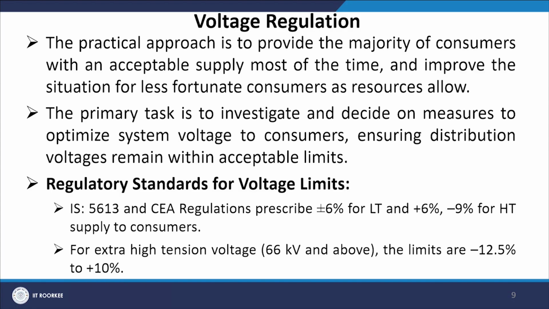Technical solutions exist for these issues, but economic considerations can make them cost prohibitive if levels are set incorrectly or limits are too narrow. The practical approach is to provide the majority of consumers with an acceptable supply most of the time and improve the situation for less fortunate consumers as resources permit.